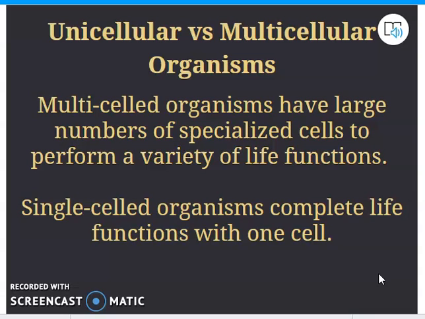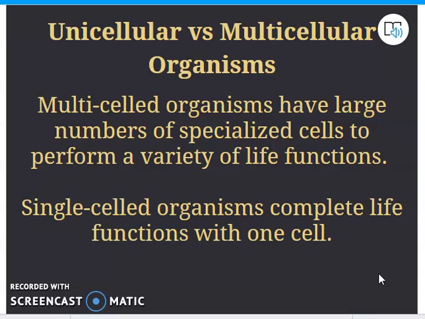So looking at this, if you were trying to decide if an organism was unicellular or if it was multicellular, there's quite a few things that you could look at. One thing, you could look at how many types of cells are there.